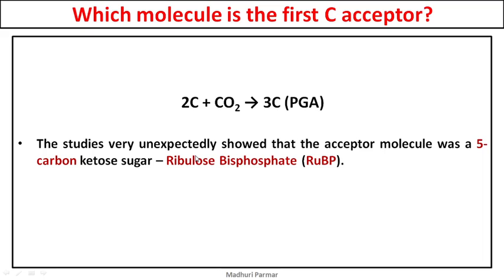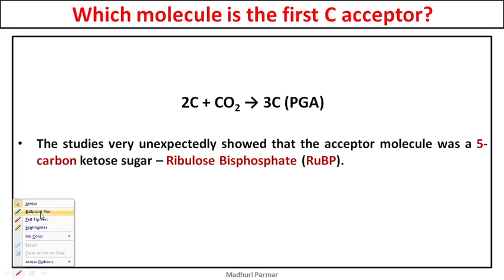Ribulose is a ketopentose sugar. It has 5 carbons, a carbonyl or ketone group on the second carbon, and on the first and fifth carbon it has 2 phosphate groups. So that is why it is called ribulose bisphosphate. Why is it not called ribulose diphosphate?